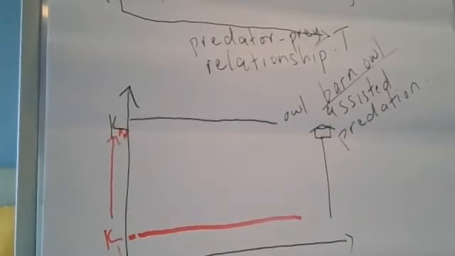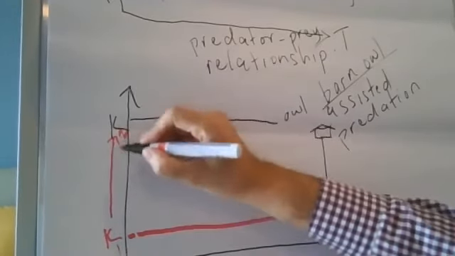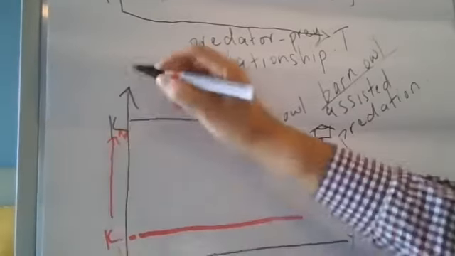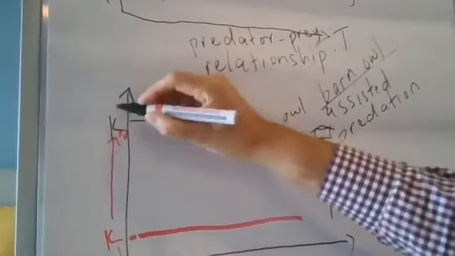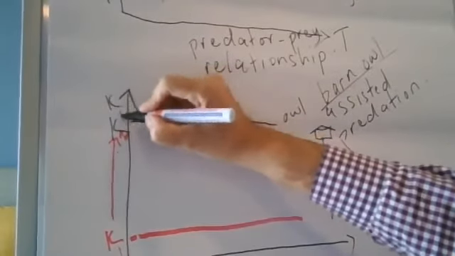As a result of the provisions of nest boxes. So originally, without the owl, let's say this is K rat, which is about or even higher, a little bit higher than the owl. This is K rat.